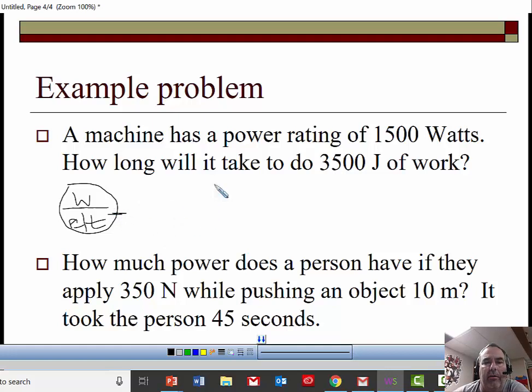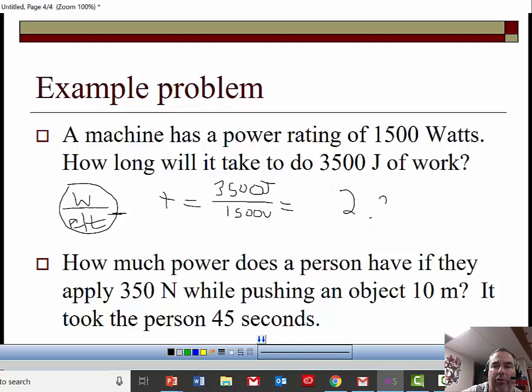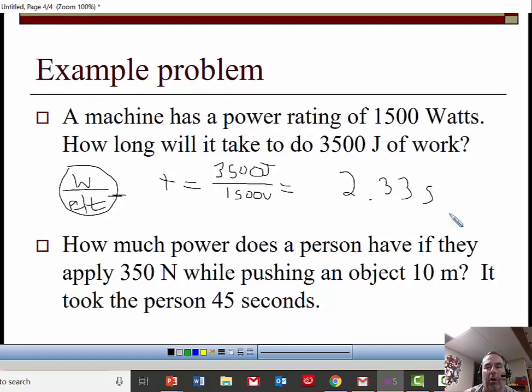So we're going to take the work, there it is, 3500 joules, and divide it by the 1500 watts, and that's going to be our time. So when I take 3500 and divide it by 1500, you find out that you end up with 2.33 seconds for it to do that much work.